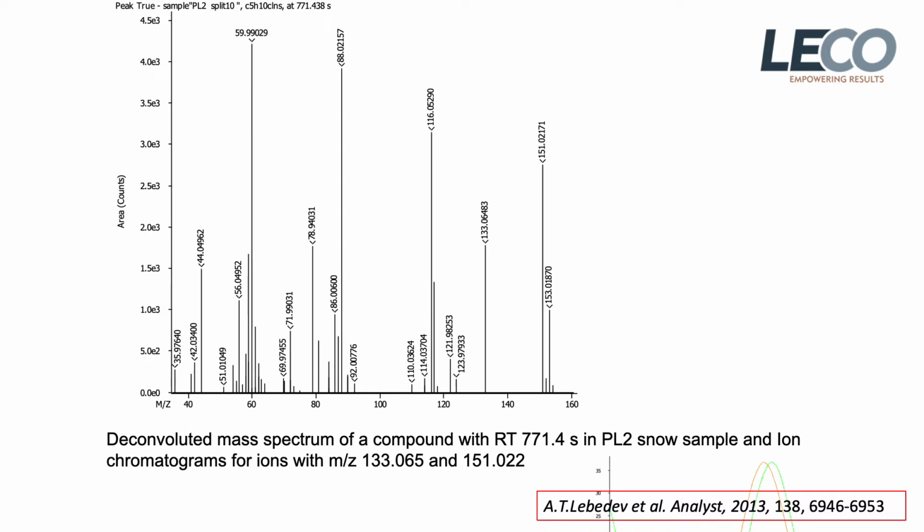So we reconstructed ion chromatograms for 133 and 151, and you see there is some difference in the retention time. So 133 belongs to another component.